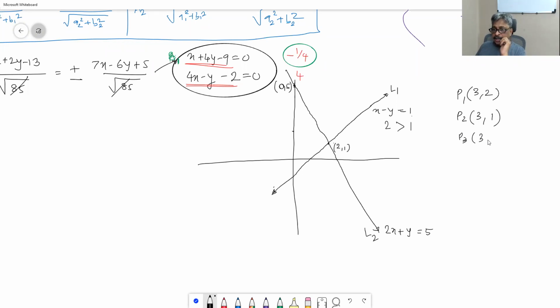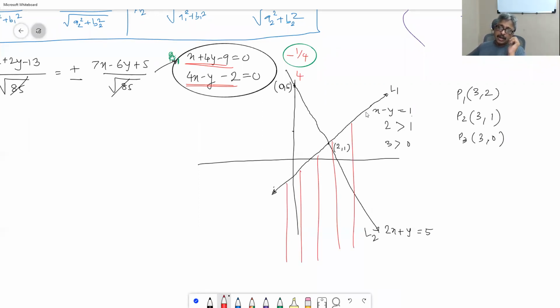P3 is (3, 0), and 3 is greater than 1. Do you understand that all the points in this half plane, no matter which point I put, will give me LHS greater than 1?